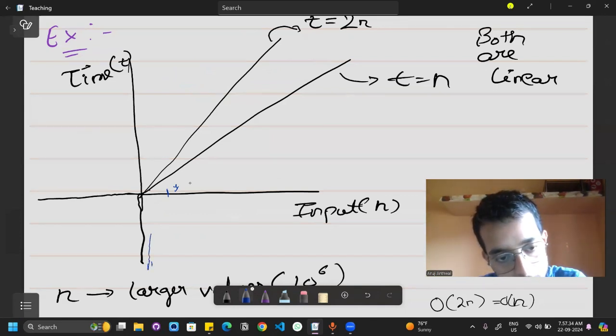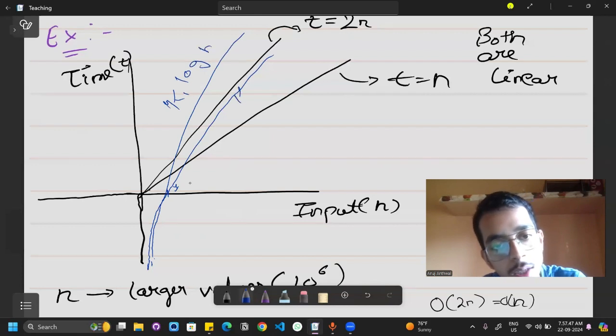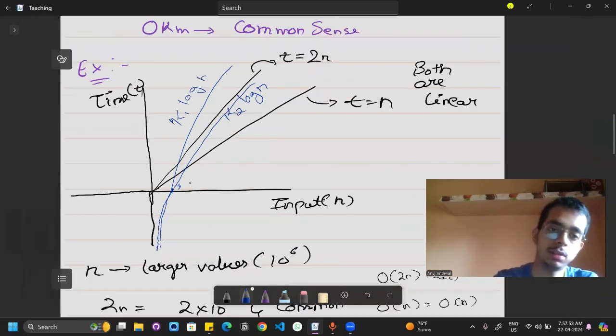So I drew one graph here like this, and the next graph like this. Let's say this is k1 log n, and this is k2 log n.